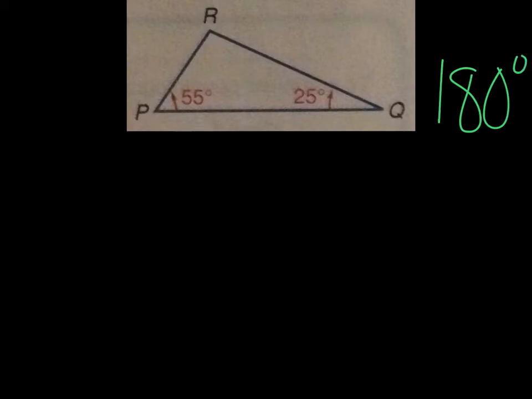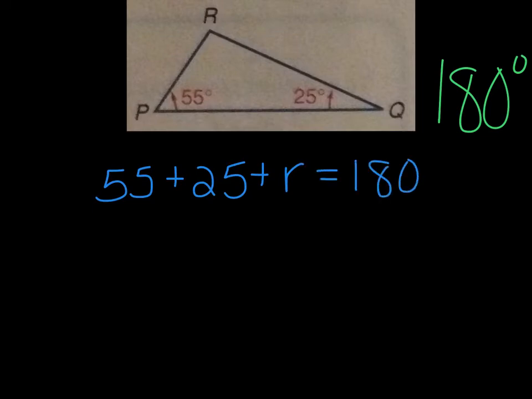So we can say 55 plus 25 plus R, since that's the angle we don't know, equals 180 degrees. 55 plus 25 equals 80 degrees, plus R equals 180.